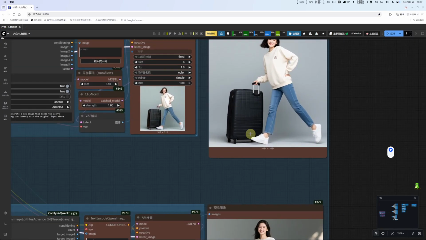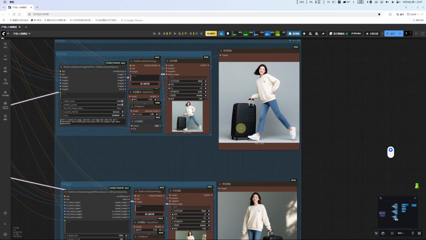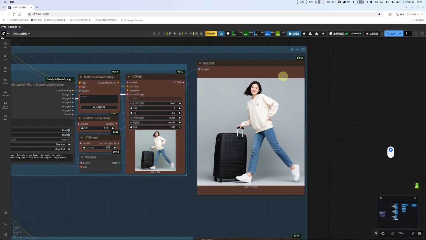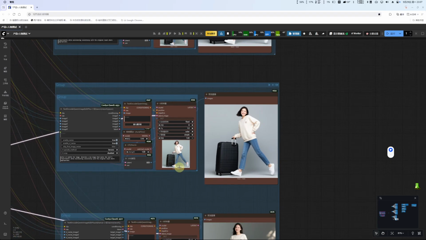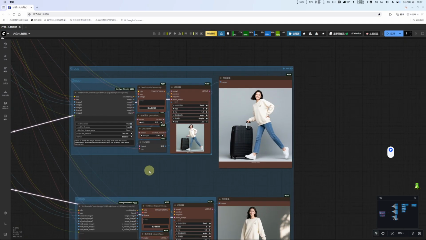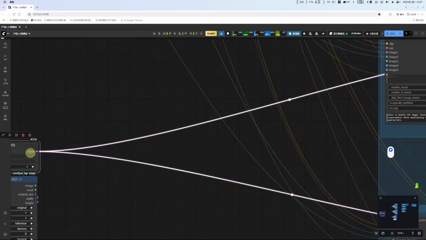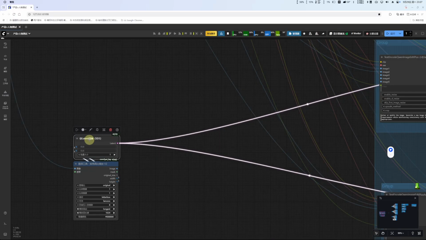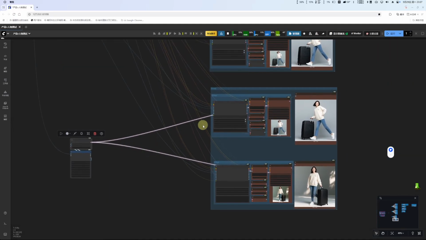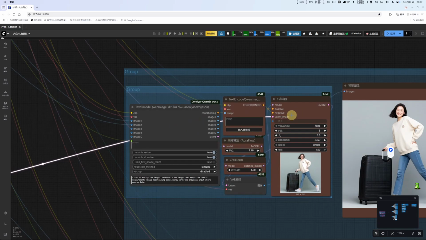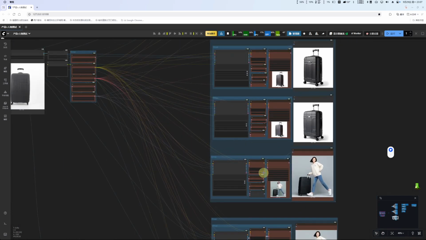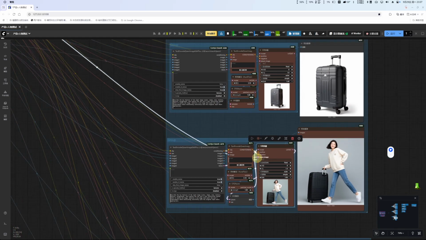We may not need a square aspect ratio. For example, if we want to change to 4:3 or 2:1, we may need to use the empty latent node at this time. So I did an evaluation here to see what the difference will be between it and directly connecting, because the evaluations I made before were basically directly connected.